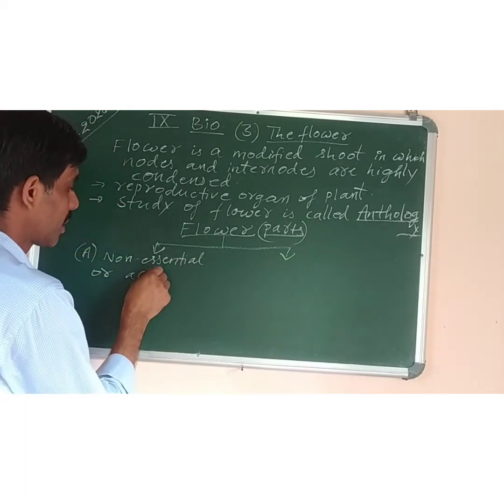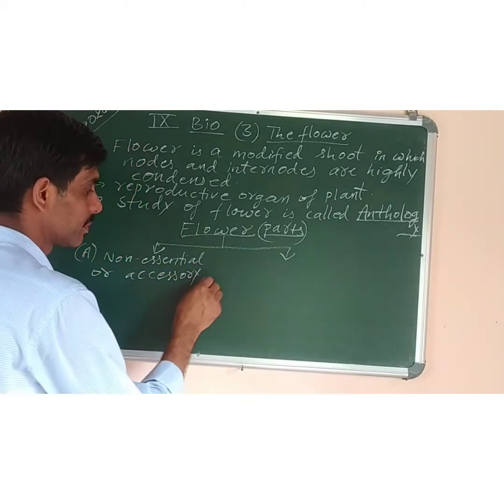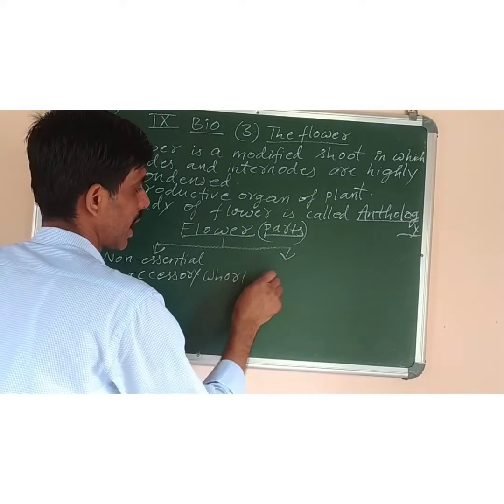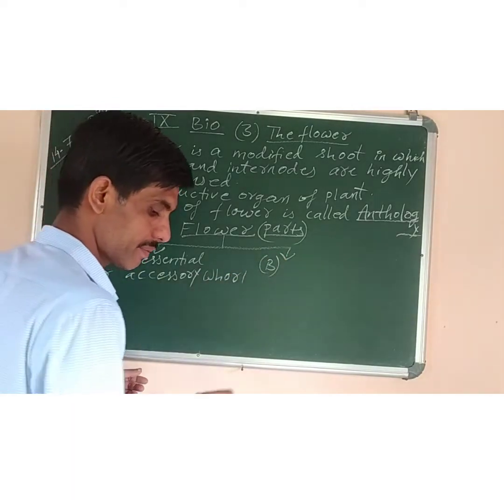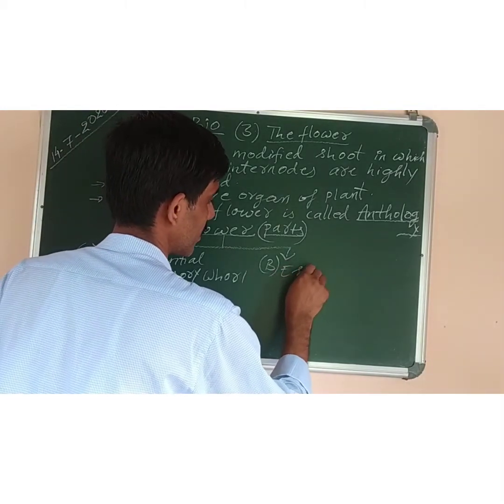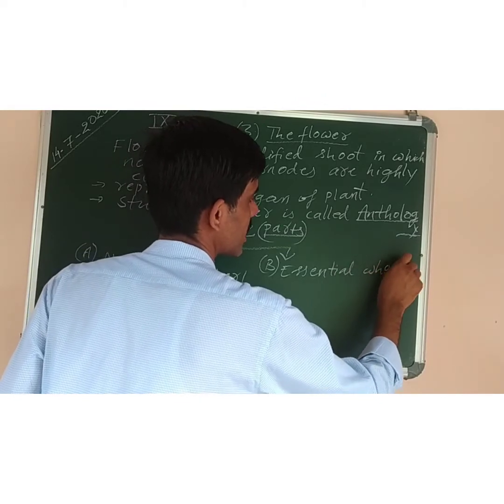Spelling you can check, A-C-C-E-S-S-O-R-Y, accessory wall. And the second one, number B, is essential wall. Wall means the layers of flower.